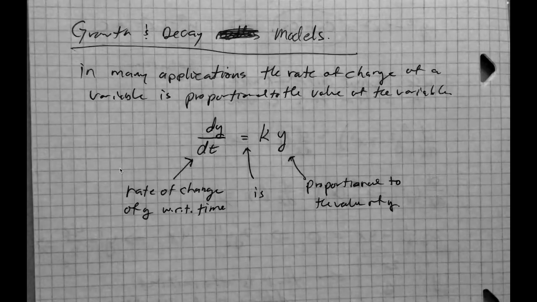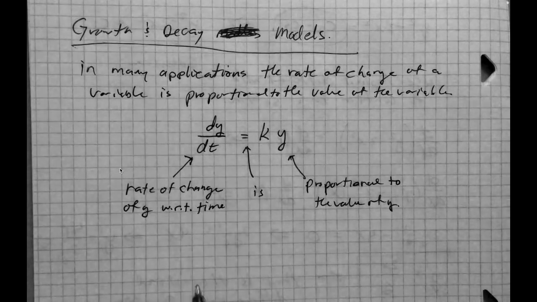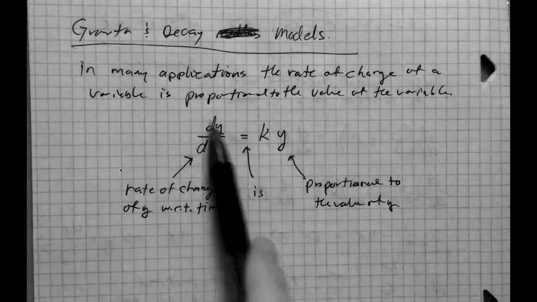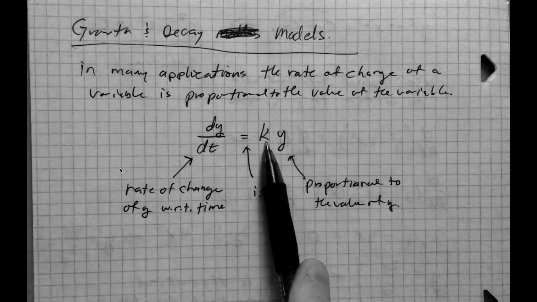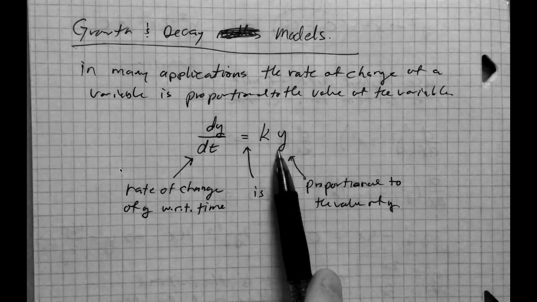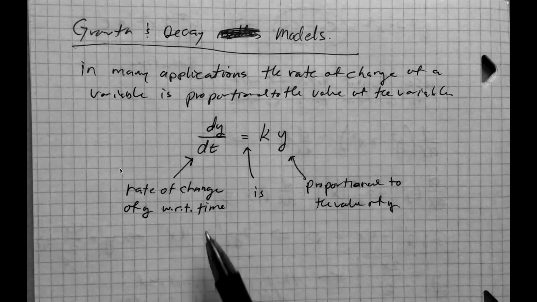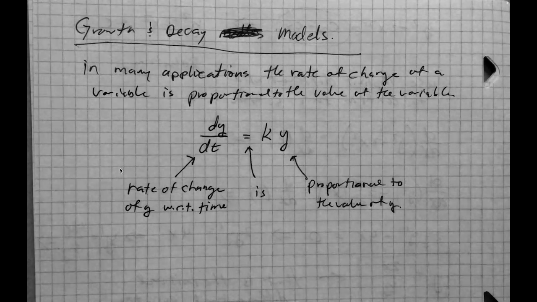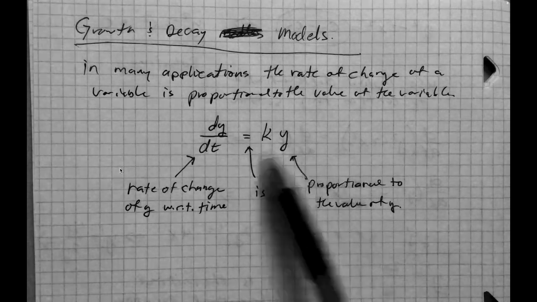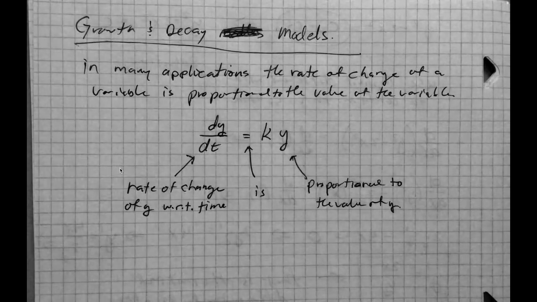So in this sort of equation, you've got the rate of change of y with respect to time equals k times y, k being some constant and y being the variable. So the rate of change of y with respect to time is proportional to the value of y. And of course, this k is very crucial in establishing models.